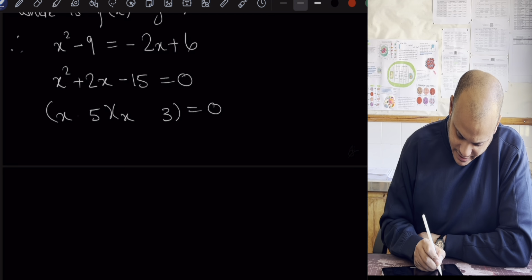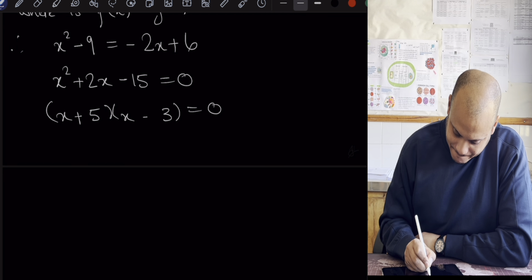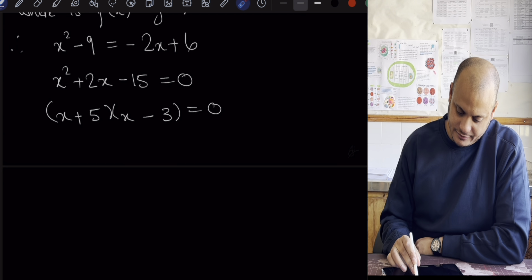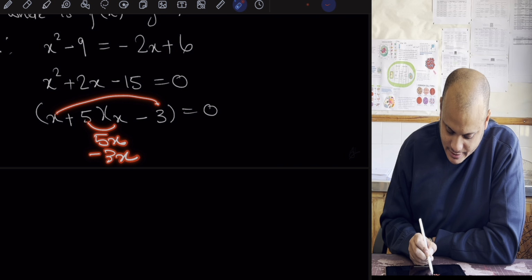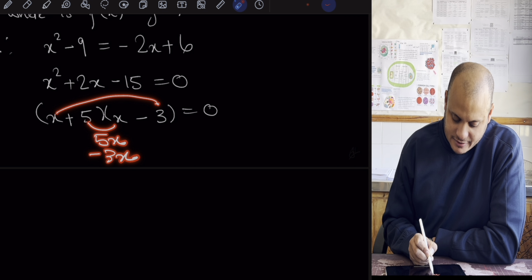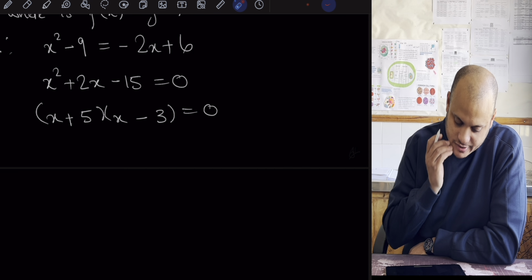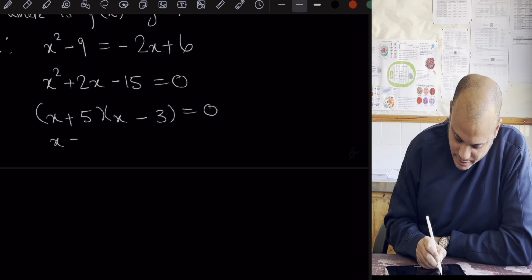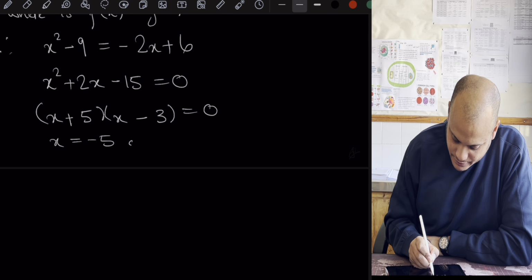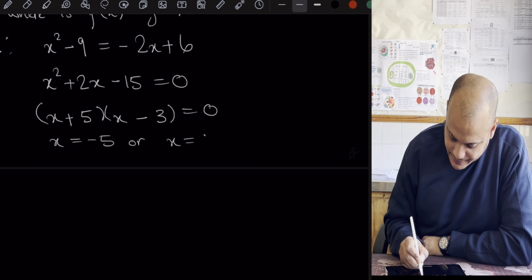So it means my 5 will be positive and my 3 will be negative. Because if I multiply this out, I'll get 5x. If I multiply that out, I get negative 3x. And 5x plus negative 3x is positive 2x. So that is correct. So this means x equals negative 5 or x equals 3.